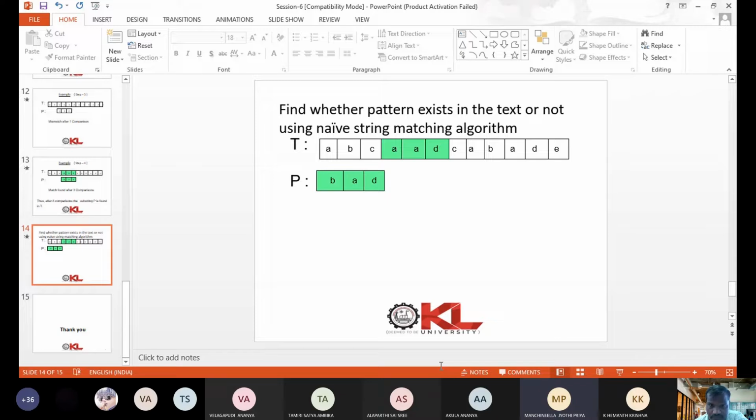BAB, sir. We have to find the naive string match now. Apply naive string matching, and where is the valid shift occurring? BA, okay. PAD, where is it appearing? At last, sir. Last means at what shift? At what position?